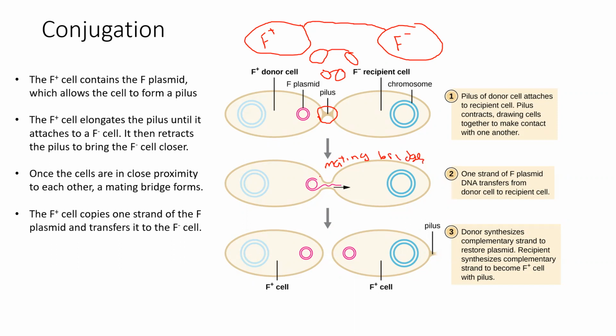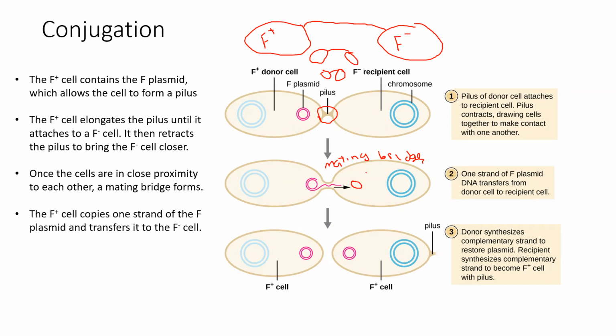And look at what's happening to this double-stranded DNA plasmid. Notice that one of the strands of the plasmid is going through that mating bridge. Eventually there's going to be a single strand of the plasmid in the donor cell, and a single strand of the plasmid in the recipient cell.